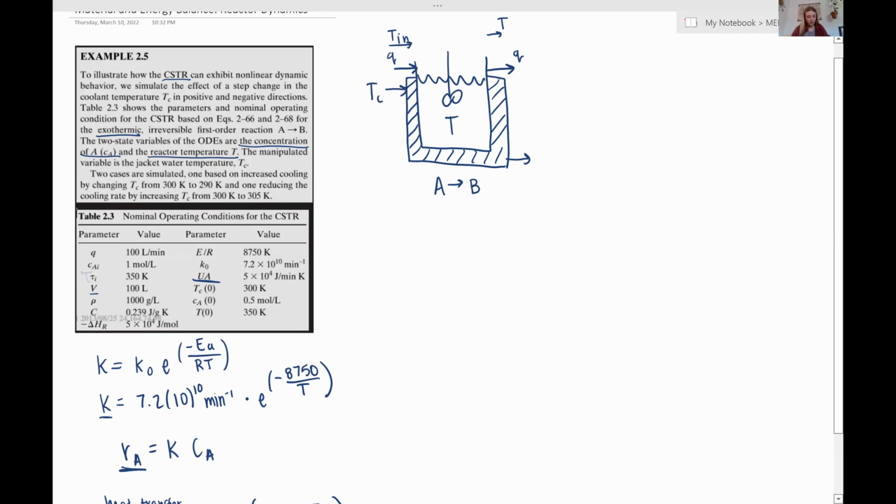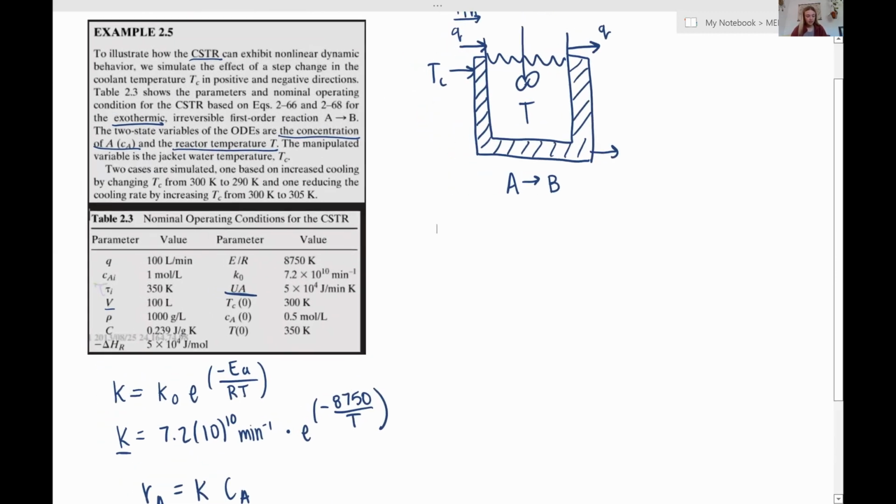Remember, we want to find our change in concentration of A over some time, so we can express that as the differential of concentration over time. This is going to be in units of moles per liter, and we want this to give us a value in mass over some time.